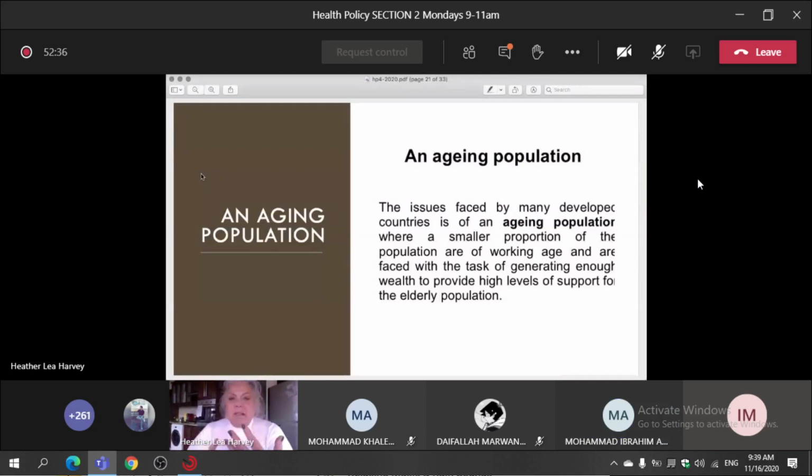In other words, we're dealing with the results of heart diseases, cancers, Alzheimer's, dementia, musculoskeletal disorders, osteoporosis, things along those lines, rheumatoid arthritis. So we end up having a population that has lots of medical cost.